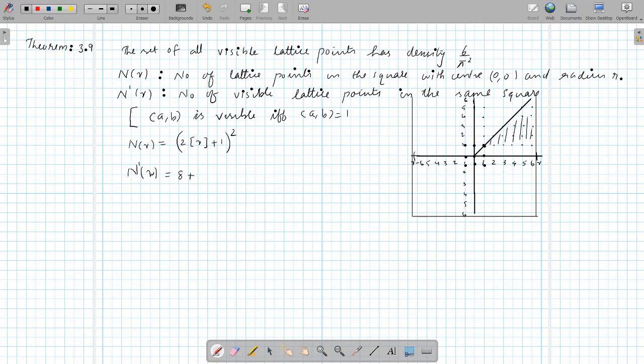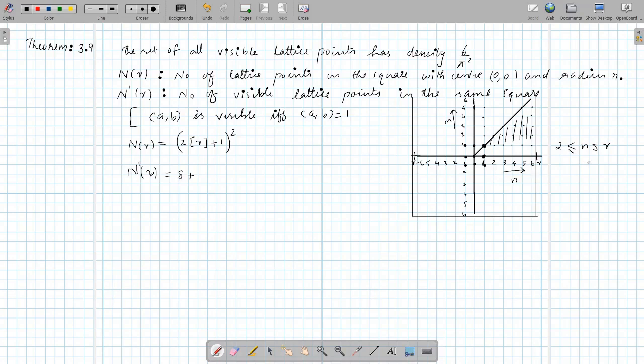If I take m here and n here, for each n we need to collect the m which are visible from the origin. We know that (m, n) is visible from the origin if and only if gcd of m comma n is equal to 1. We already collected these two lattice points, so the variation of n starts from 2. So this n should be in between 2 and r.